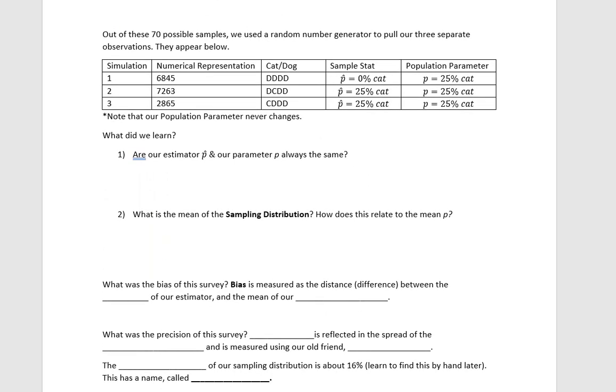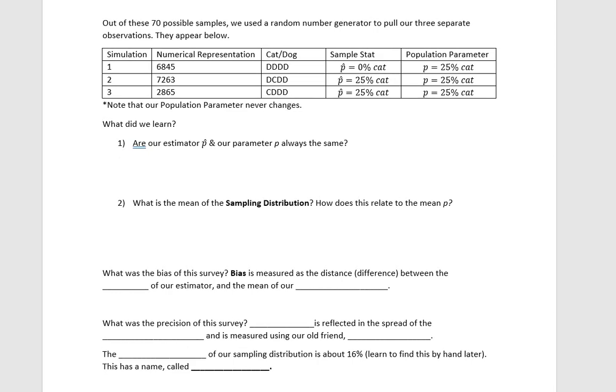So, if we just randomly picked 3 different samples and looked at them, so for example, our first sample would be person 6, 8, 4, and 5, which would be all dog people, which means we'd have 0% cat people. Our second one is 7, 2, 6, 3, so it'd be dog, cat, dog, dog. Okay? And our third one is cat, dog, dog, dog, which would be 25%. Here's what we learned.